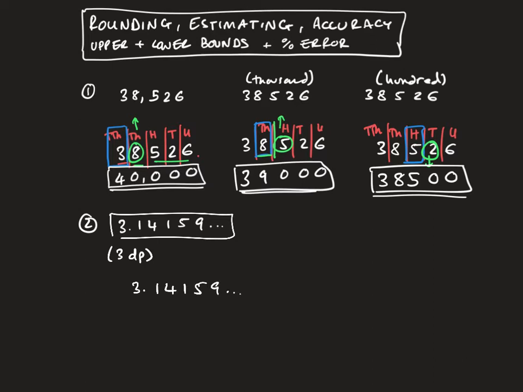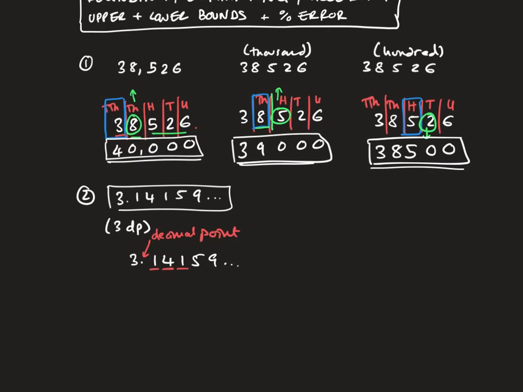We take the 3 decimal places. This is the first decimal place, this is the second, this is the third. Decimal places are numbers after the decimal point. So we take the 3 digits after the decimal point, which is the 141.